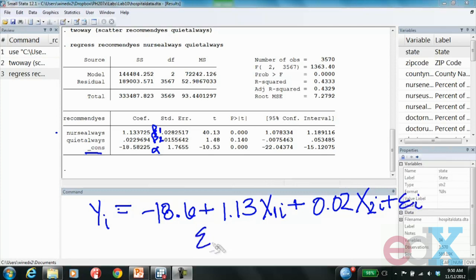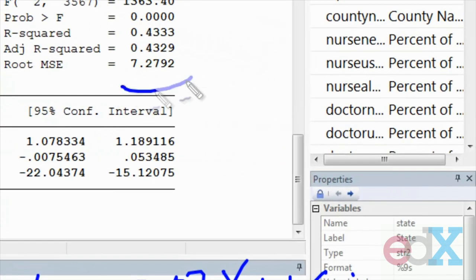And I estimate that this residual error follows a normal distribution with mean 0 and variance equal to 7.28 squared. Let's go ahead and look at the interpretation of our coefficients.